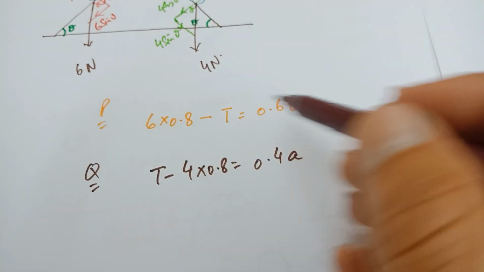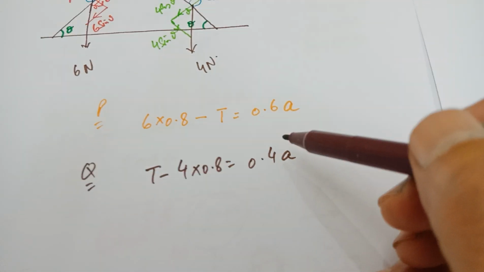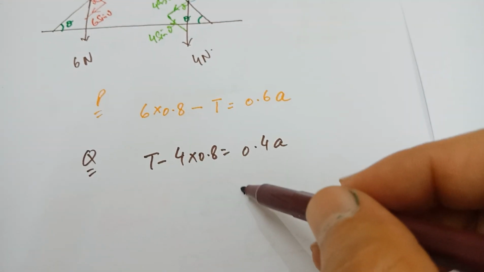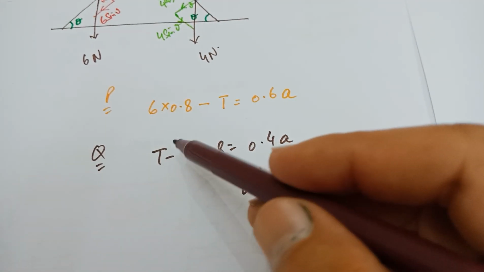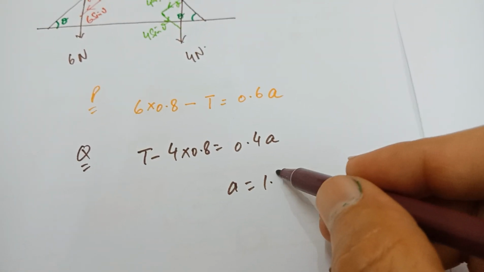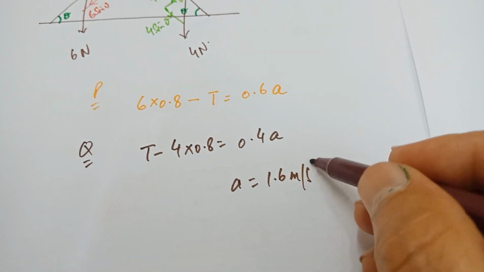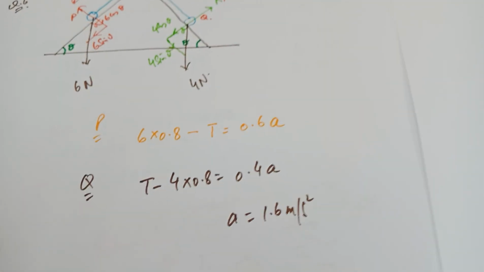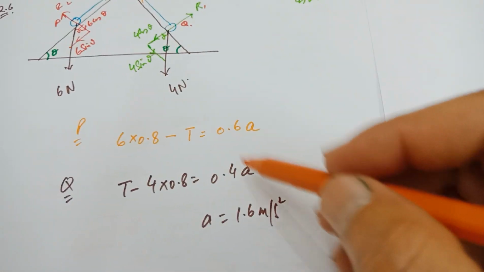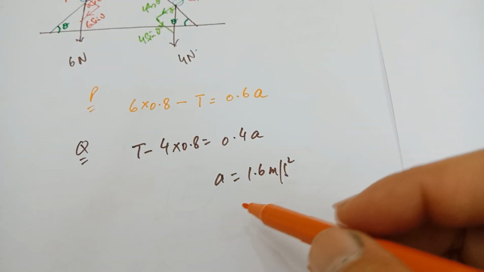So by adding these two equations, we can get the acceleration. If I do that mentally, the T's cancel. This is 6 minus 2 into 0.8, I think this should be 1.8 meters per second squared. And then for the tension, we put that a into any of these equations.